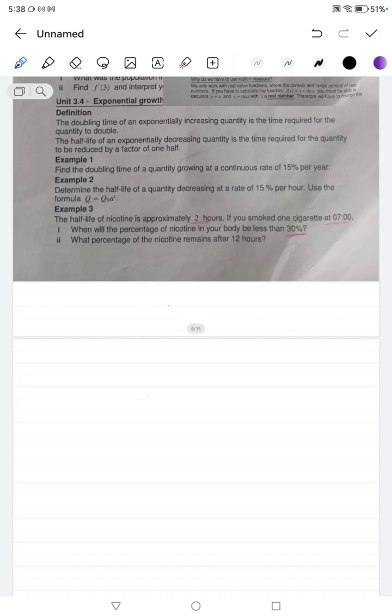There's always a solution. So we have Q equals Q0 times e to the exponent kt. The only thing we're interested in now is to solve for k. The k would help us in determining the t, which is going to be our hours.